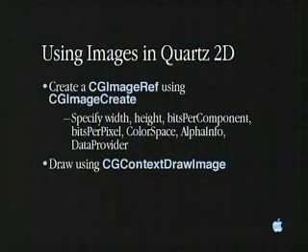So using images is very simple. First thing you want to do is create a CGImageRef, and you want to call the CGImageCreate function. And when you're creating that image, you're specifying all the parameters that define that image. You're specifying the width, the height, how many bits there are per component, bits per pixel, the color space, whether it's RGB, Lab, CMYK, whatnot, whether it has alpha information or not, whether it's pre-multiplied or not.